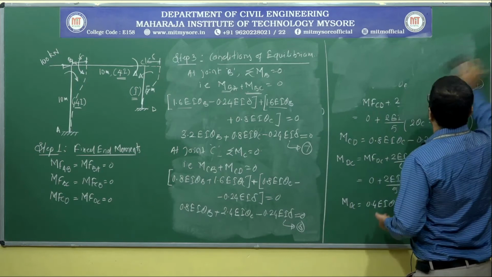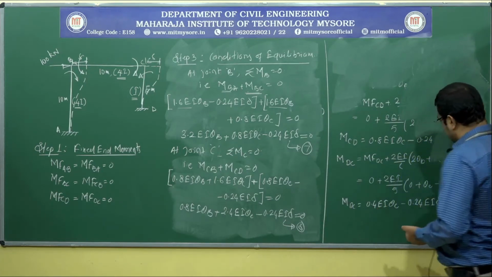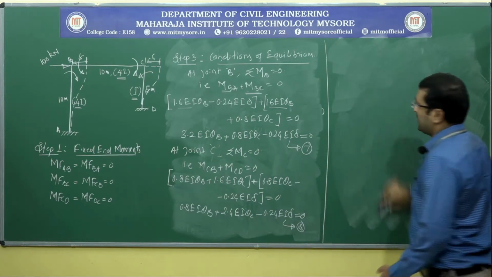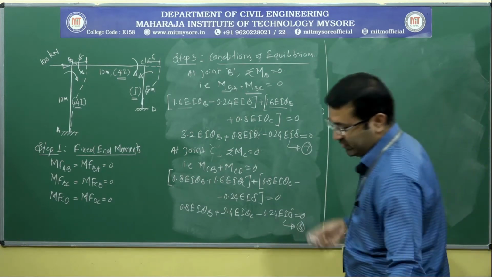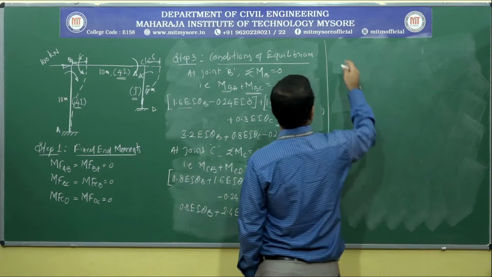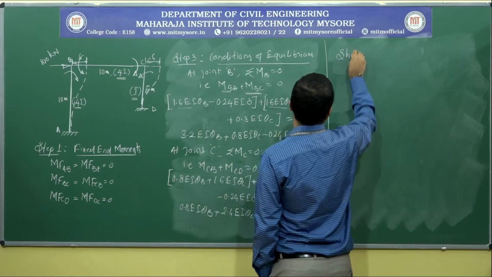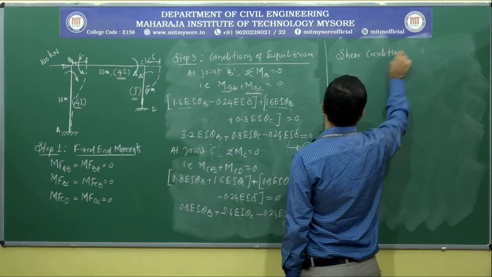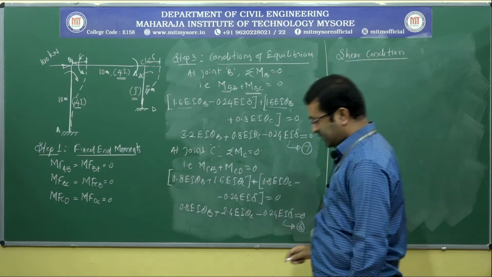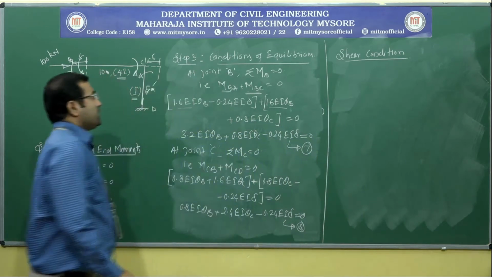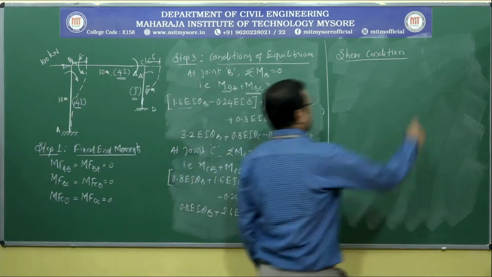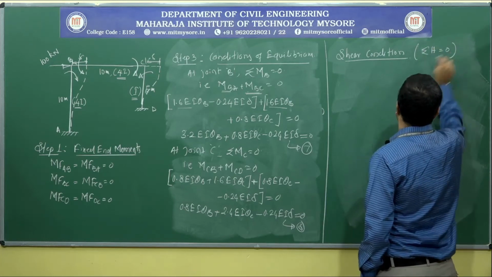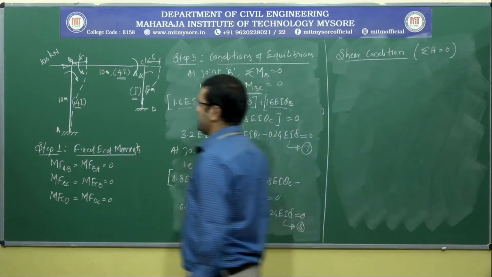So the next thing is we need to write one more equilibrium condition, that is usually we call it as shear condition. So here shear condition, it is nothing but it is taking algebraic sum of all the horizontal forces.